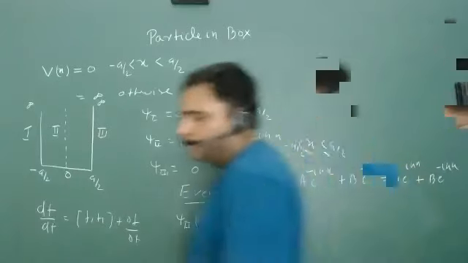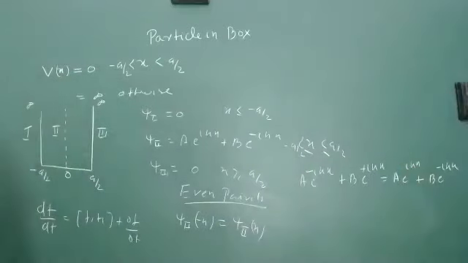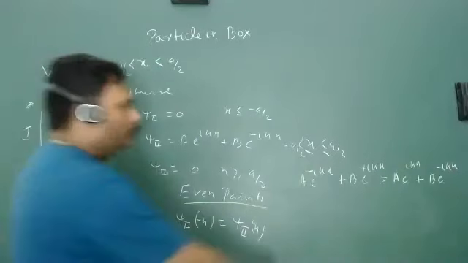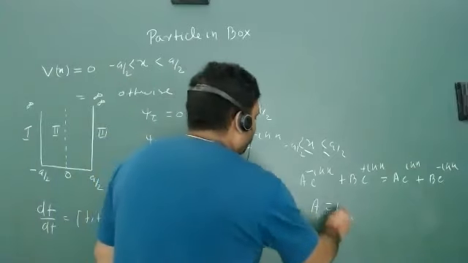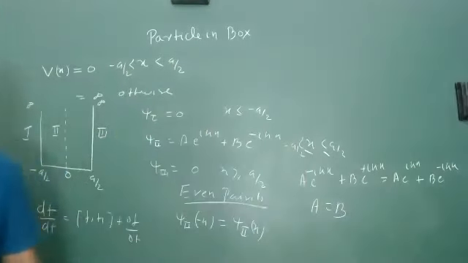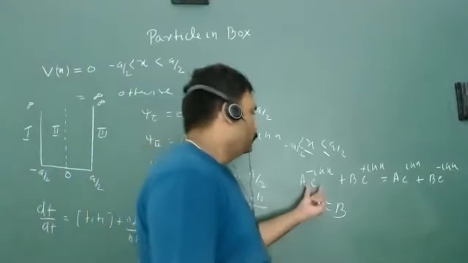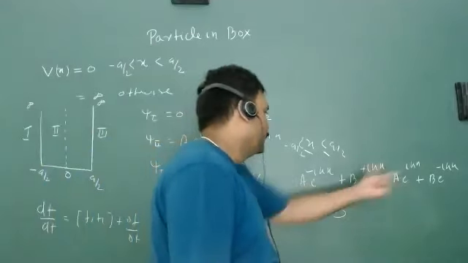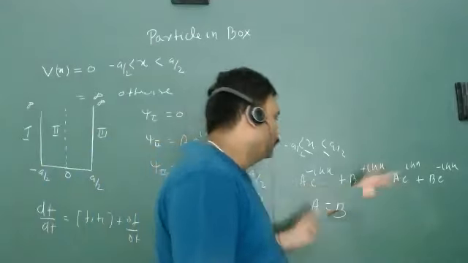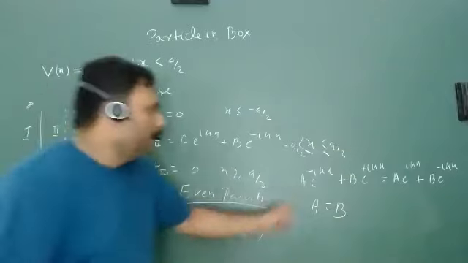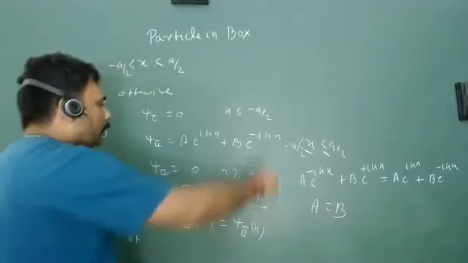What should be the conclusion? The conclusion is a is equal to b, isn't it? You just equate the coefficients of e to the power minus ikx on both sides. Then only this solution is there. So if it is even parity, then a must be equal to b.